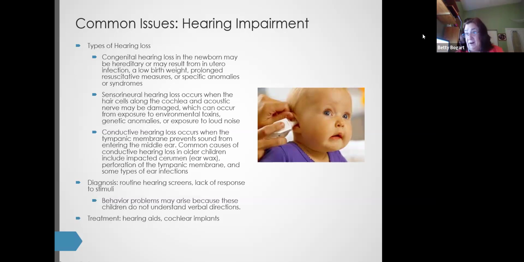Remember, children who don't hear are frustrated because they can't follow directions, right? So these children might have some behavioral problems. And remember, hearing and speech are always connected. Can't hear, you're not going to speak as well as you should.